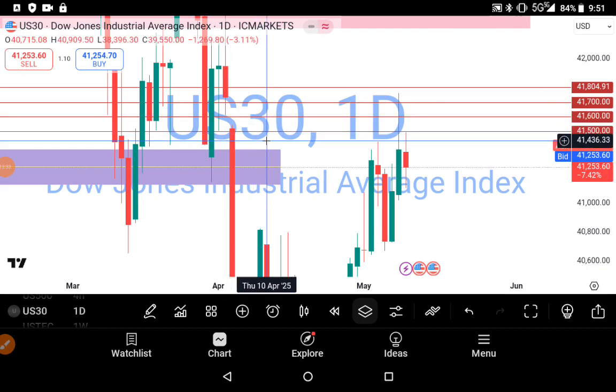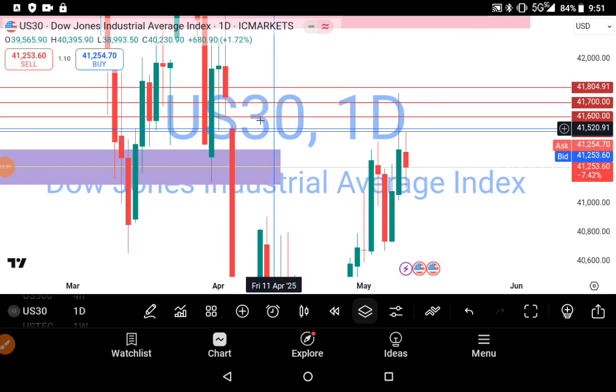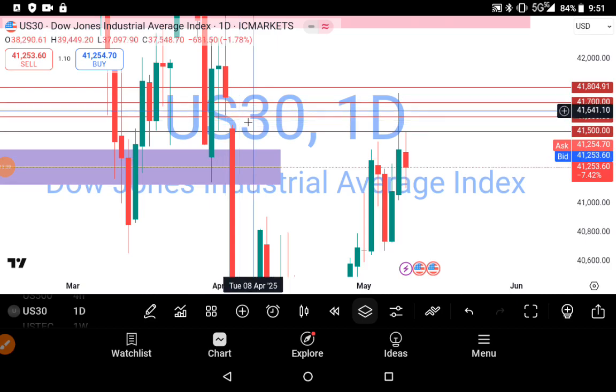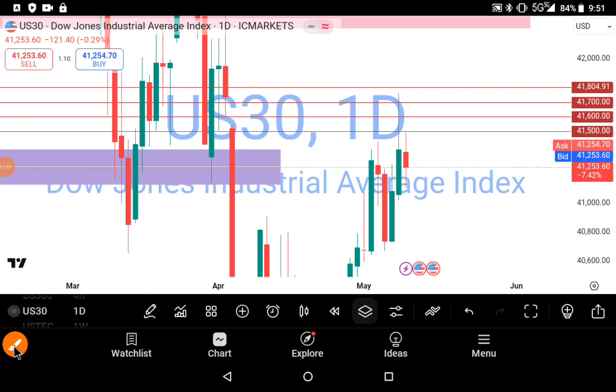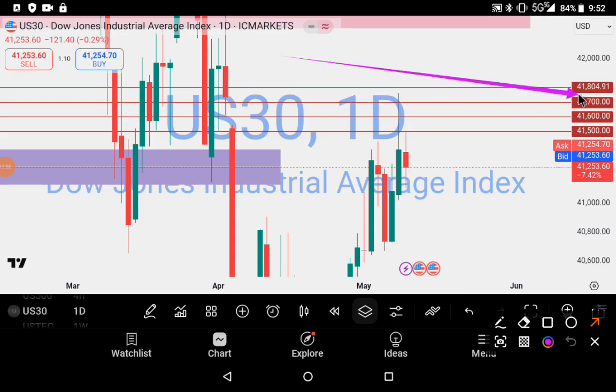So I took 41,500 and 41,700 because I was watching the volume imbalance here. And you can see the market price dives into 41,700 here. You can see 41,700, 41,600, and 41,500.